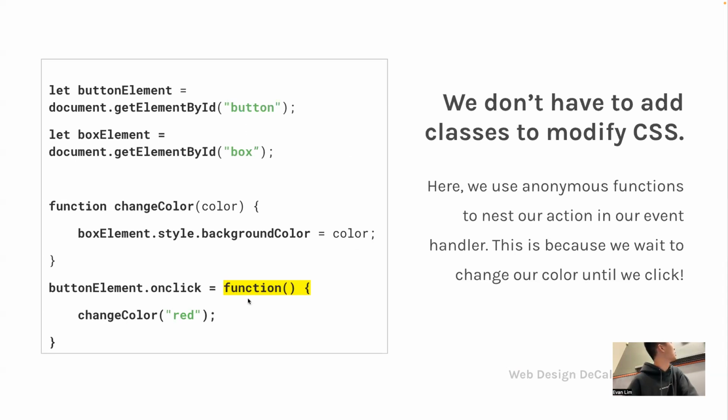Oh, without function. Okay, so the reason we can't do that is because that would call the function right away as soon as the web page loads, because the parentheses here tell the program to execute the function. By wrapping it within this function, we're delaying that so that this function is only called when onClick happens.